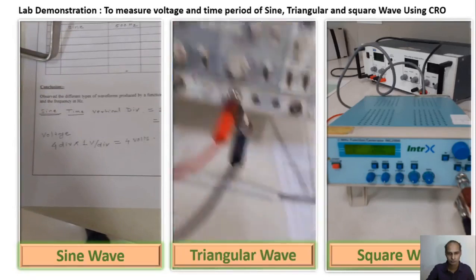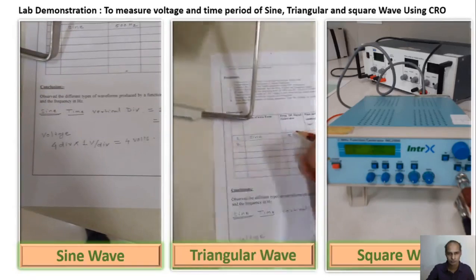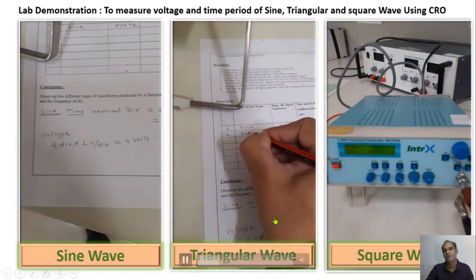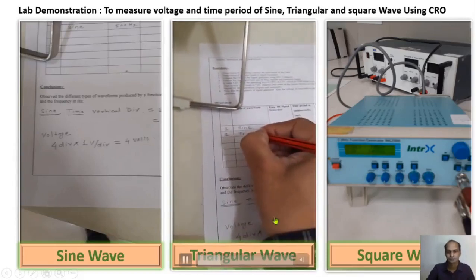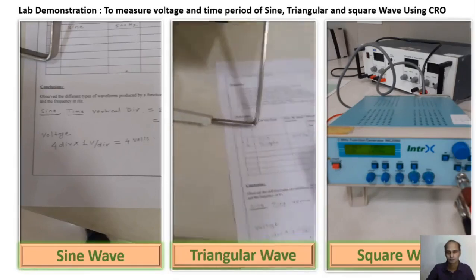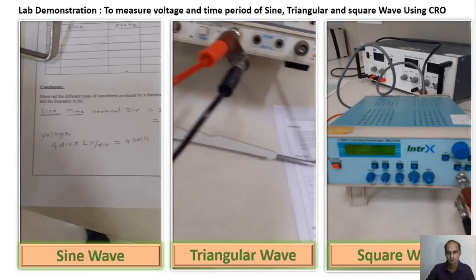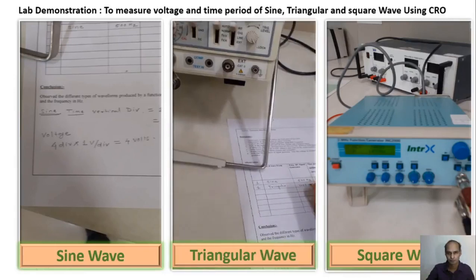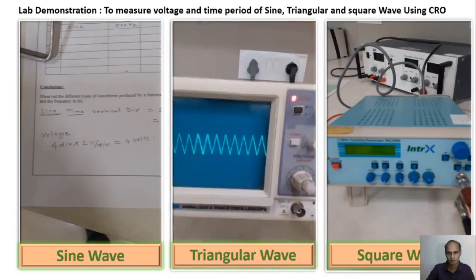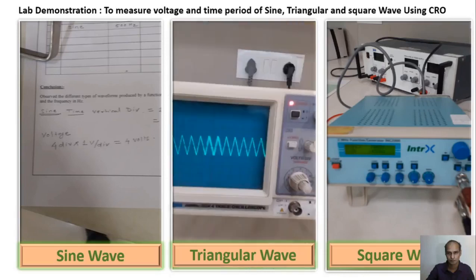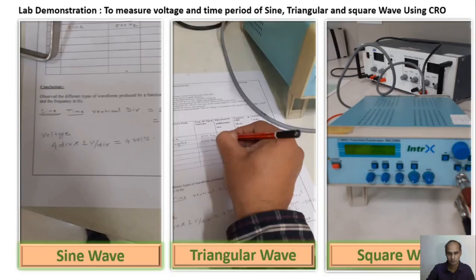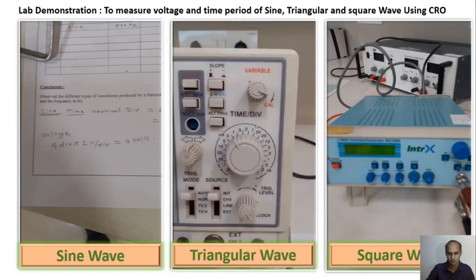And now the second waveform, that is the triangular waveform. On this function generator we have 1000 Hertz. If I calculate the time period here, for one cycle I need only one division, so its time period is 1 division, and my time base is at 1 millisecond, so I get 1 millisecond per division.